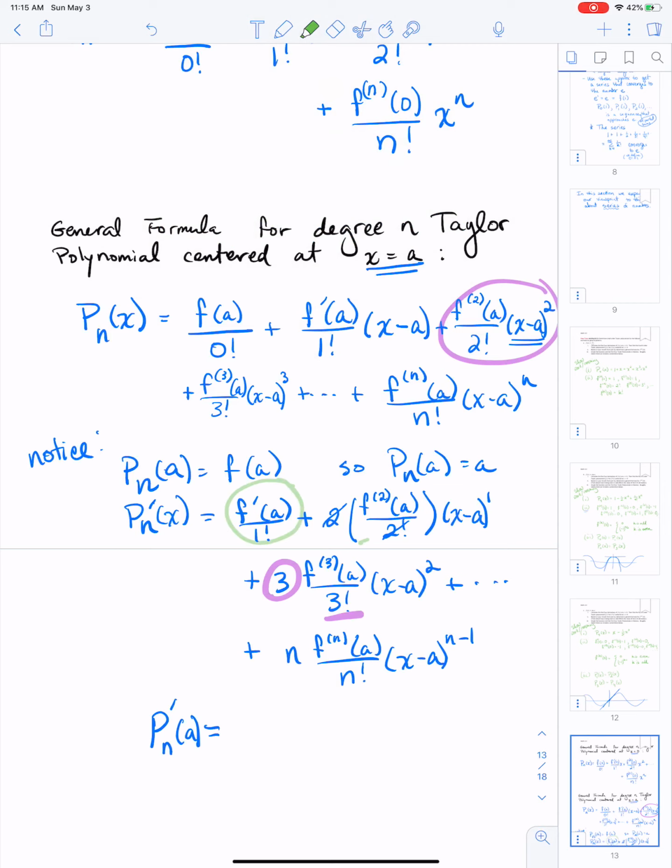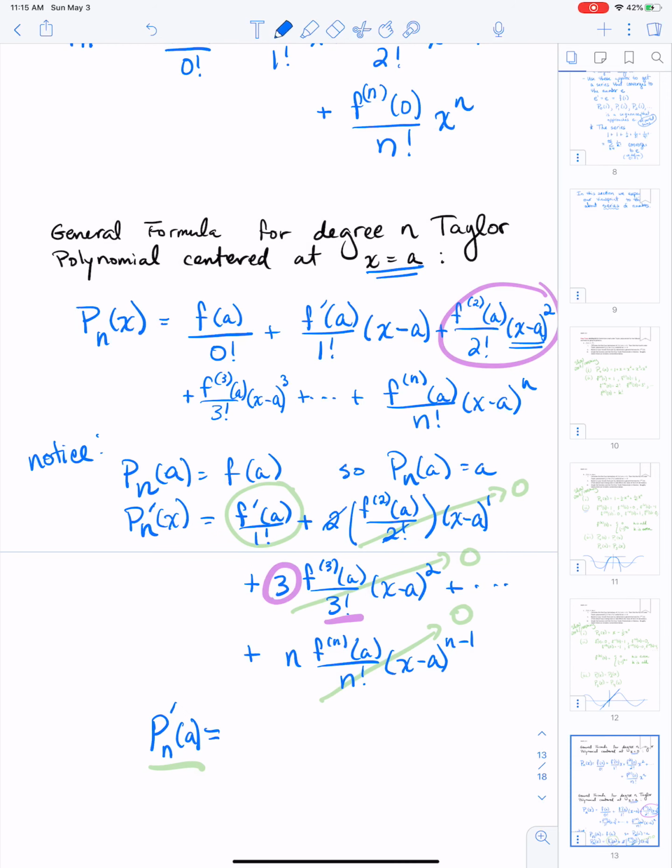Everything else goes to 0. Right? Because when I plug in a, then x minus a is 0, so we're just multiplying by 0 everywhere. So this is equal to f prime of a.